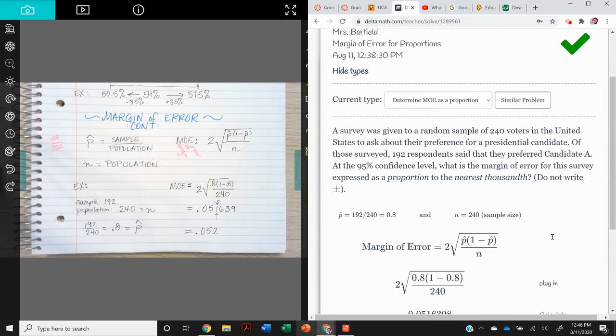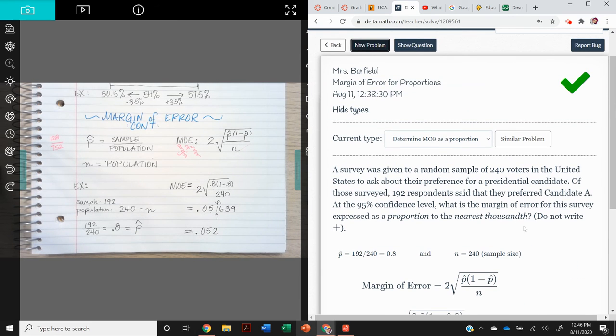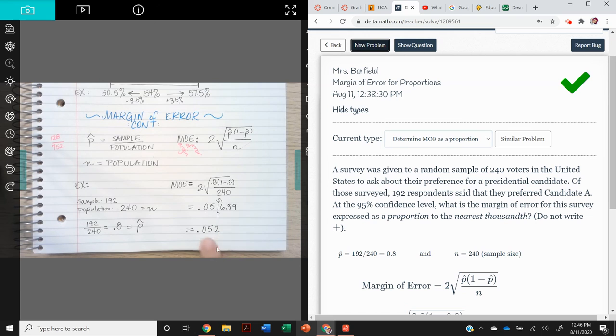Now, let me just tell you something. It says right here, determine the MOE as a proportion. I don't want to make this video any longer than it has to be. You may be asked to express it as a percentage, which means you take this decimal and convert it to a percent.